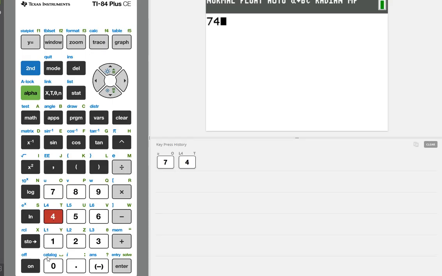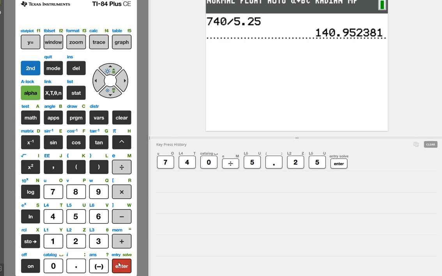So 740 divided by 5.25. Uh-oh. 140.95. So can you sell 0.95 of a bag? No.